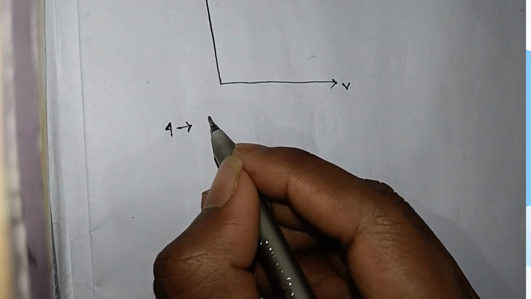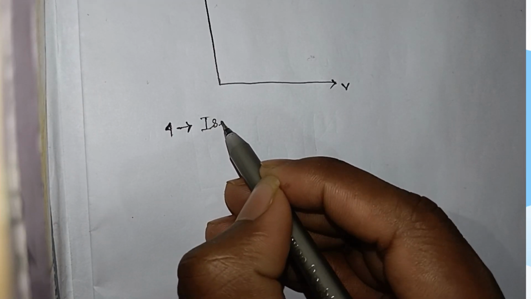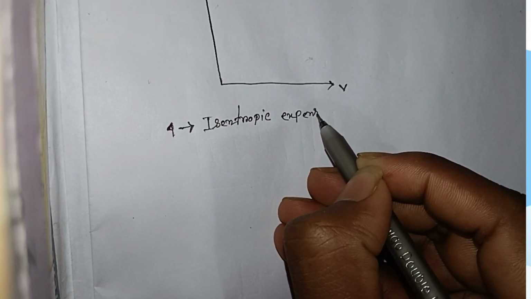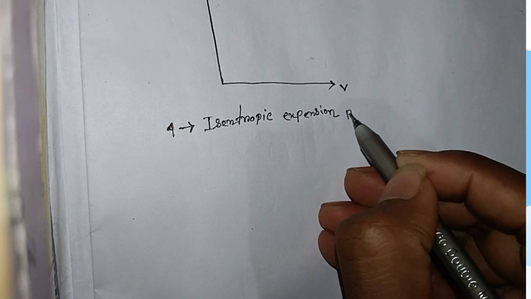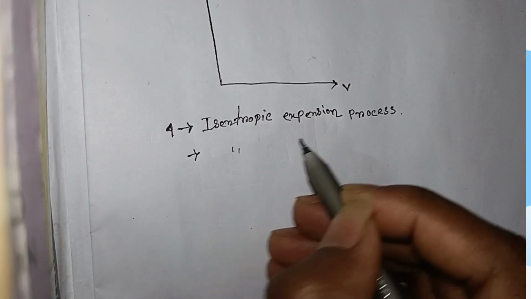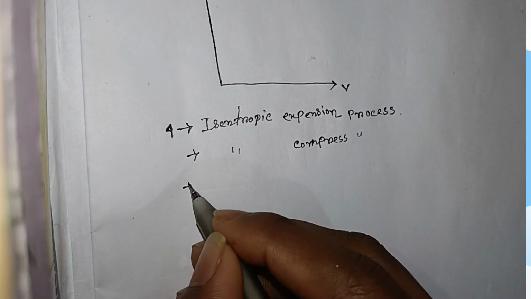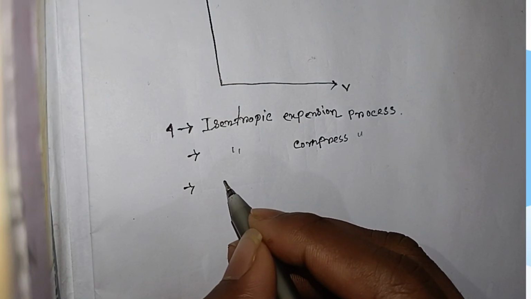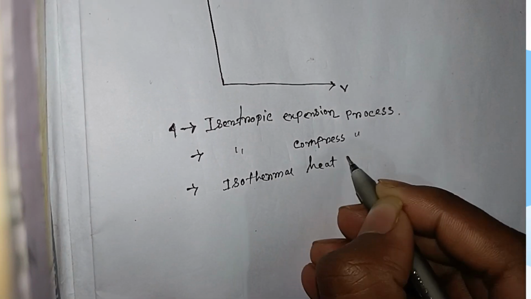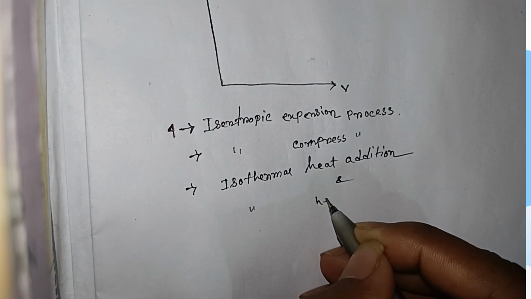First process is the isentropic expansion, and isentropic compression also, and heat added in an isothermal process, isothermal heat addition, and also isothermal heat rejection.